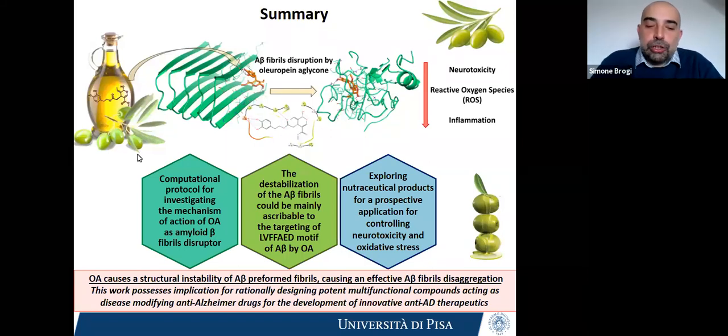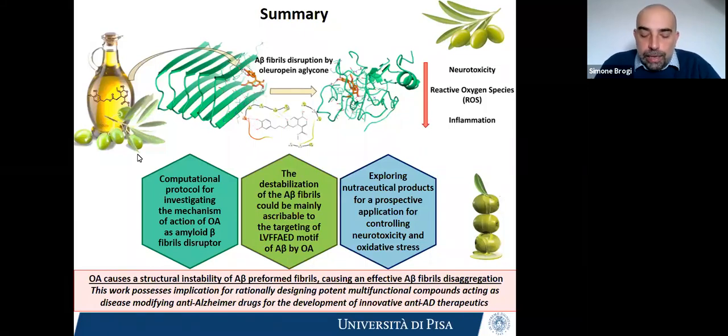This destabilization of amyloid beta fibrils could be ascribable to the targeting of the central hydrophobic region of the fibrils that is relevant, as previously mentioned, for fibril assembly and stability. This mechanism of action allowed to reduce the formation of amyloid beta aggregates and toxic oligomers.